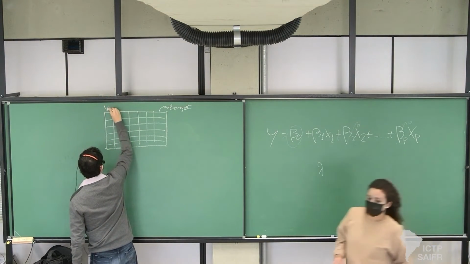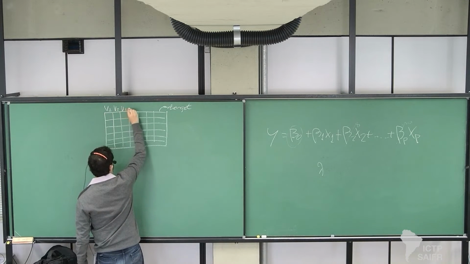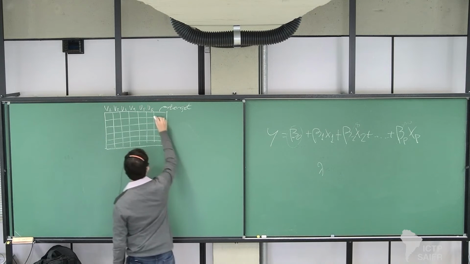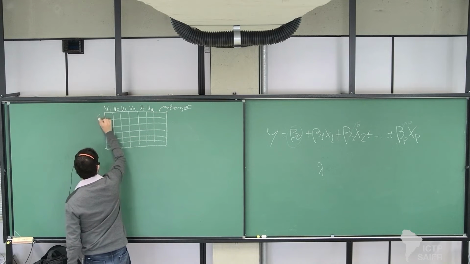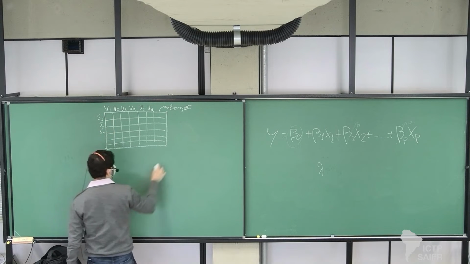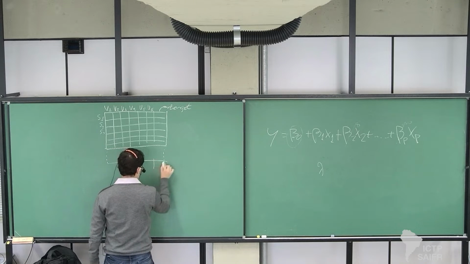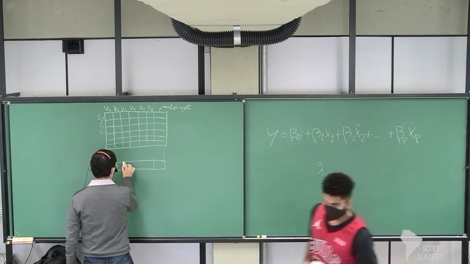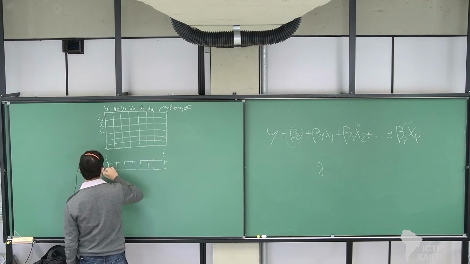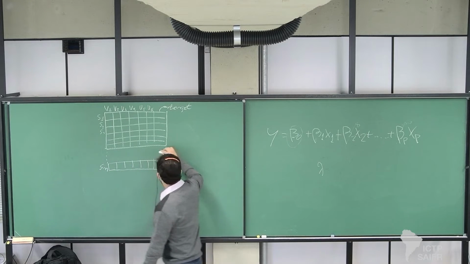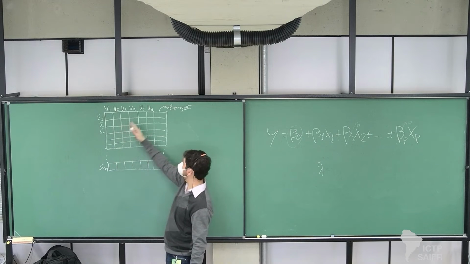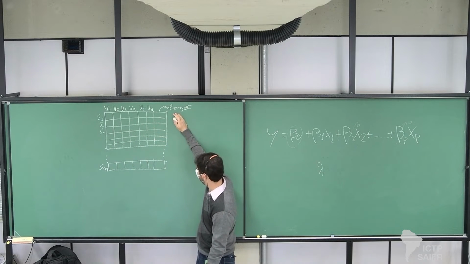This is variable 1, variable 2, 3, 4, 5, 6. And this is sample 1, sample 2, sample 3, up to sample n. So you have many samples and some variables and some targets.